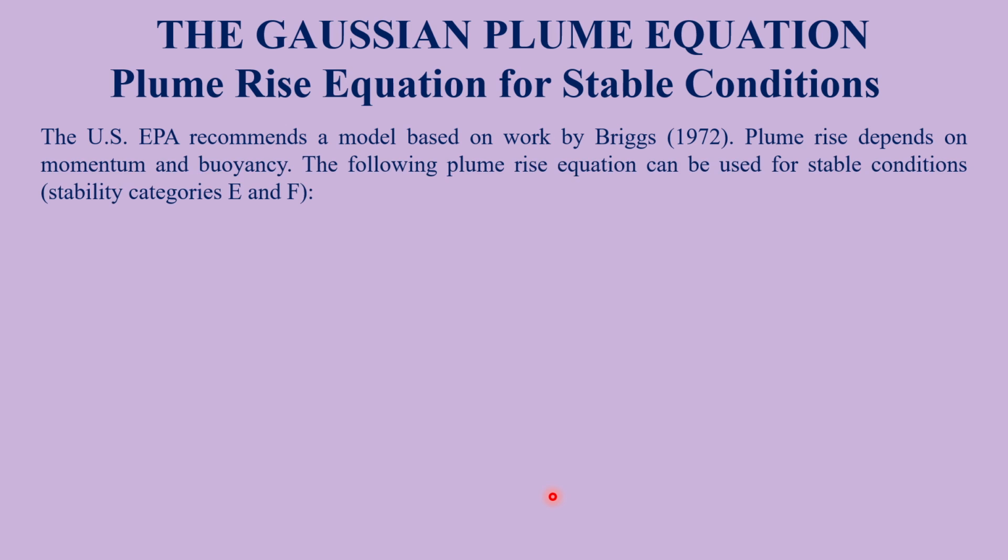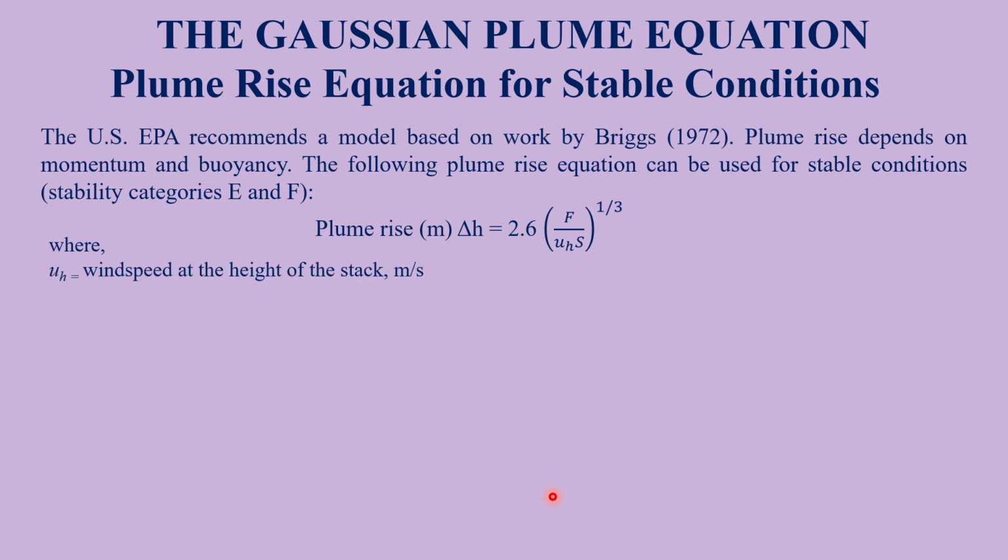So you can see if we want to calculate the plume rise for stable conditions, that is categorized E and F, we use this formula for plume rise, where UH is the wind speed at the height of the stack, which we know by using the formula of getting wind speed at different height.